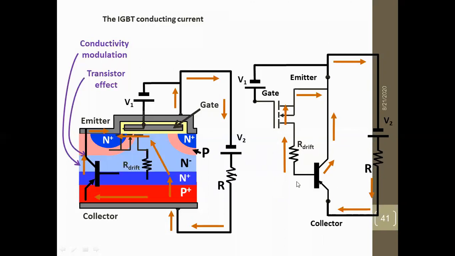So an IGBT has a resistance occurring near the collector, that is nothing but the drift resistance.